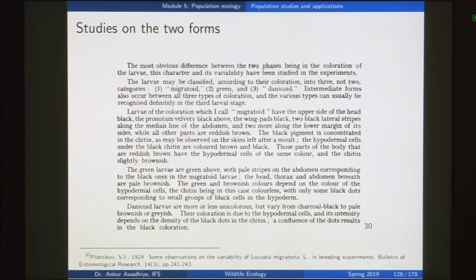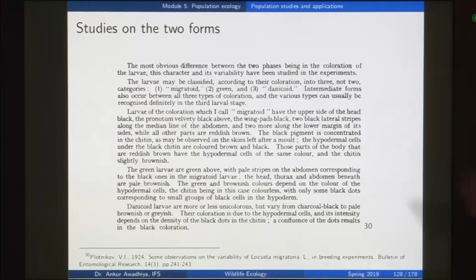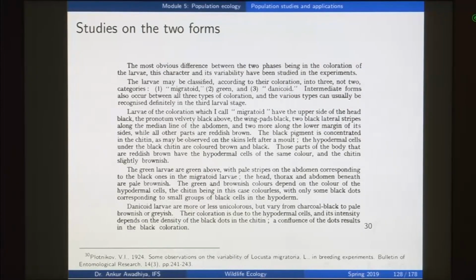This character and its variability have been studied in the experiments. The larvae may be classified according to their coloration into 3 and not 2 categories. First is the migratoid category, the second is green, and third is danicoid. So, migratoid is something that is related to the migratory form, danicoid is something that is related to the danic form, and there is the third variety which is green.